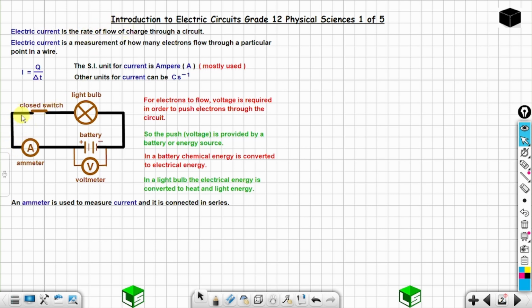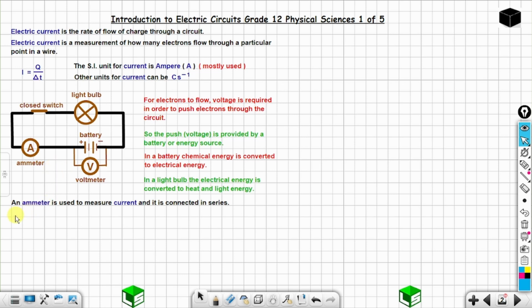So for you to measure current, which is a flow, you have to connect the ammeter along the circuit, in series, so that you can measure the electric current coming in the conductor. This is the right way to connect an ammeter. The other reason we connect an ammeter in series is that an ammeter has a low resistance.